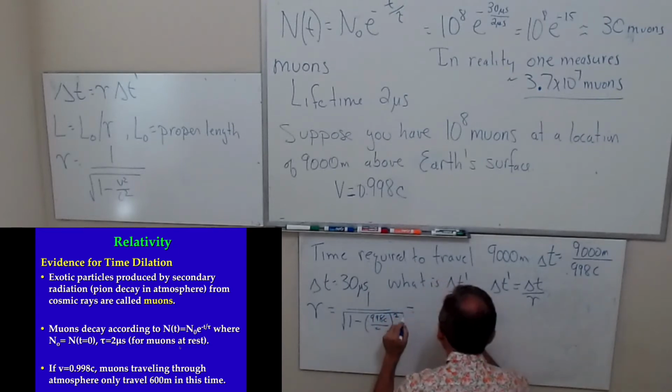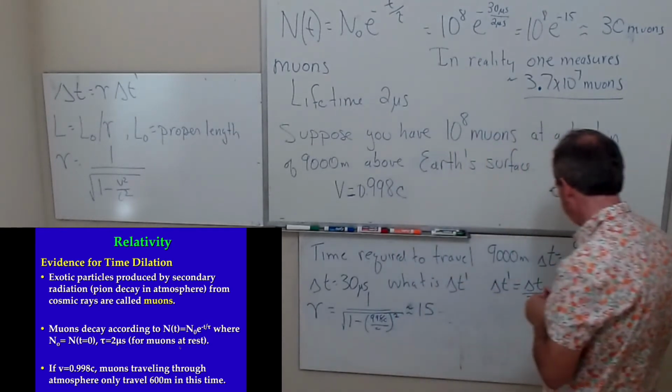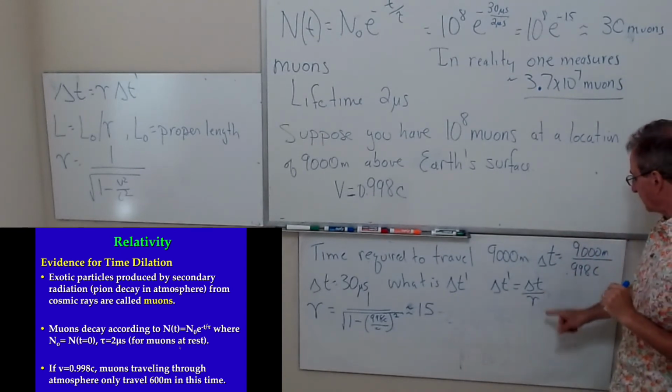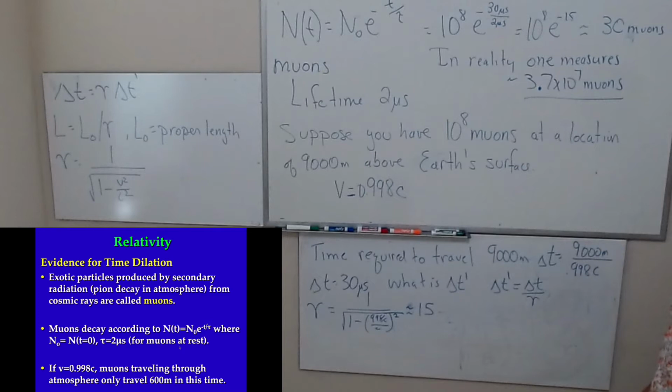It's approximately equal to 15. So gamma is about 15. So according to the muons, delta t is 30 divided by 15. What is 30 divided by 15? 2. So according to the muon, only 2 microseconds have elapsed.